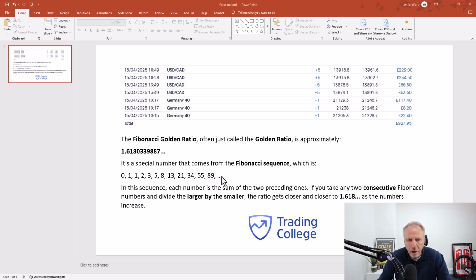I like to look at the golden ratio, the 61.8%, because it can give you turning points in the market. And then I'm going down to my color method and my system to get a buy signal. So let's dive into the chart and look at the Fibonacci golden ratio and how it helped me yesterday grab £927 profit.